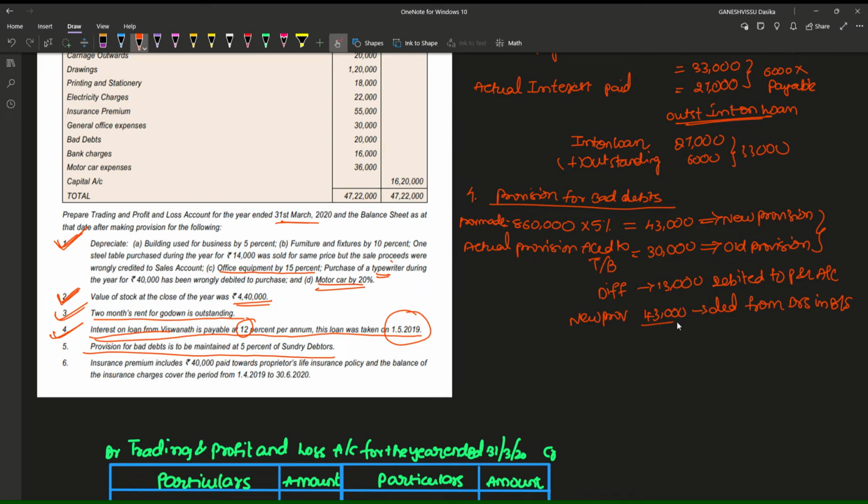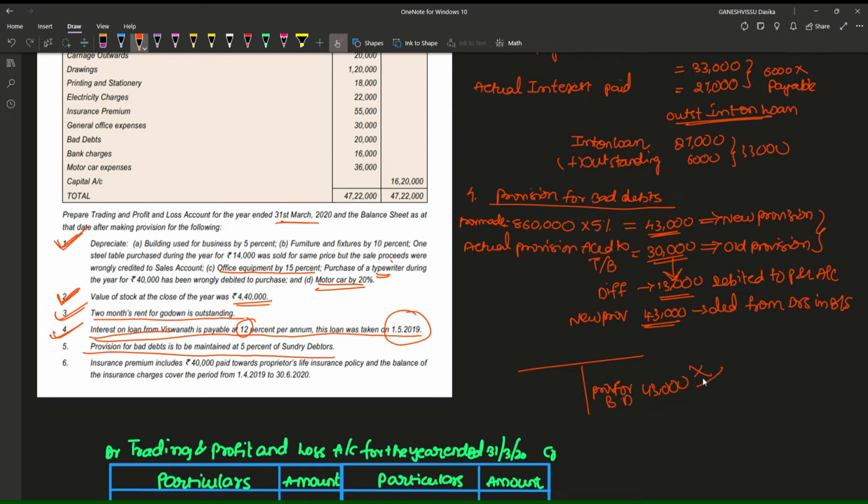Because this belongs to the current year, but the extra provision which is to be made by us is 13,000, that is to be made. So here this 30,000 is already existing. That means we need to create more provision by 13,000 rupees. So in the next year, in trial balance, we can show provision for bad debts by 43,000 directly.